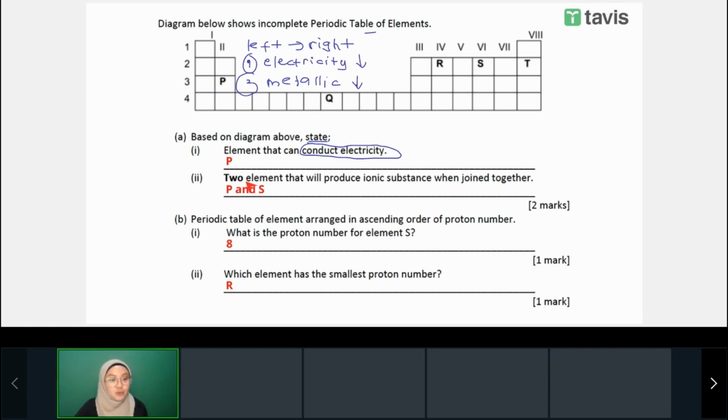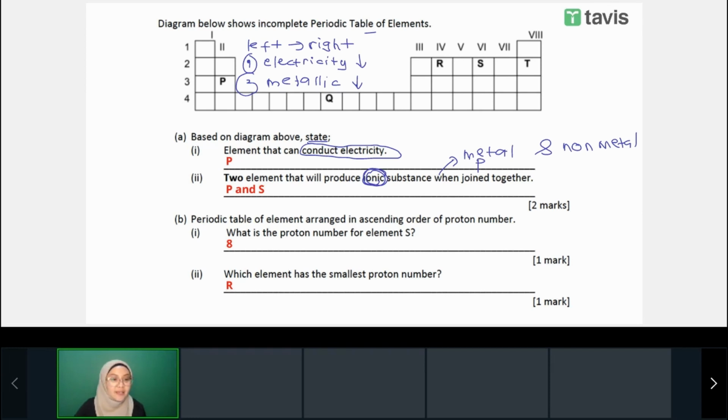Okay, name two elements that will produce an ionic substance when joined together. Okay, the first slide that we learned this. Usually an ionic substance is a reaction between metal and non-metal. So let's find where is the metal. P is metal, teacher.